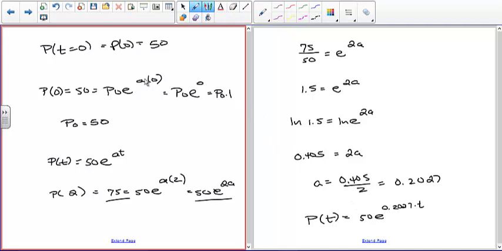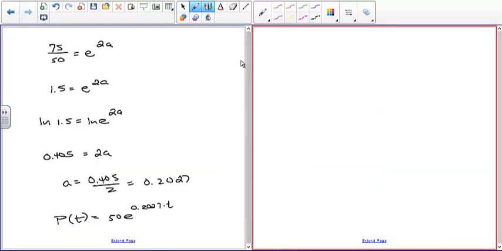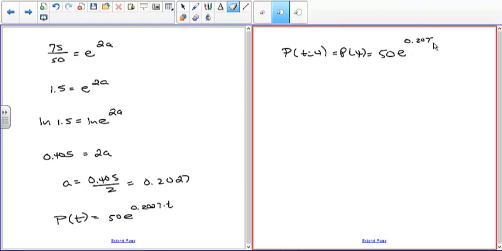So now once you have the equation, we can predict it. We can predict it at times between 0 and 2, or what we would say is extrapolate. So it's values of t that are outside of the ones that we specified. So P of 4 is going to be 50 e to the 0.2027 t, and we plug in 4 for t.